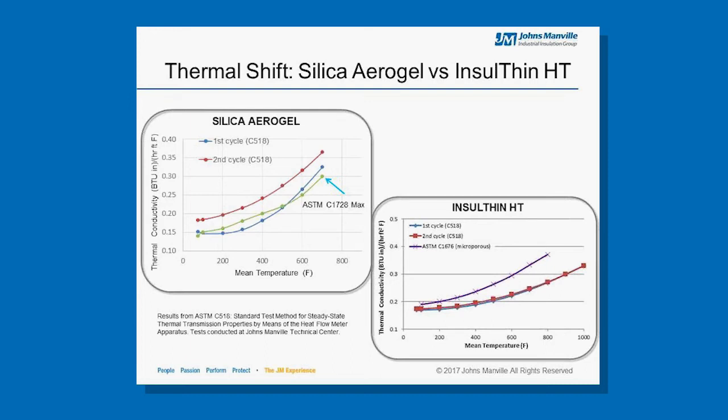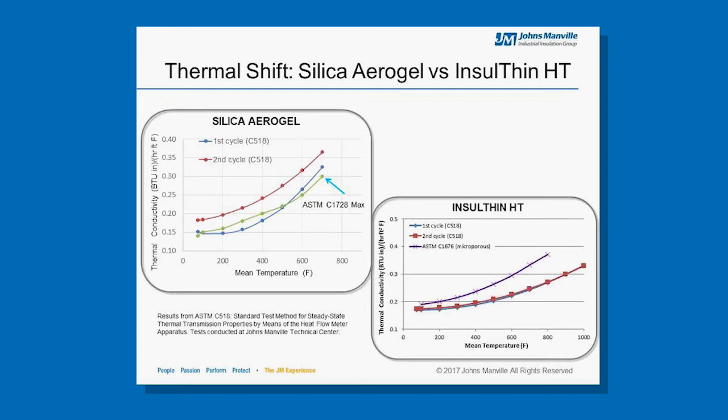If we move to Silica Aerogel, the ASTM product standard is C1728. The first cycle, some of the data points are within that limit. As it cycles to a higher temperature, we see a shift by greater than 20% at 400 degrees Fahrenheit.